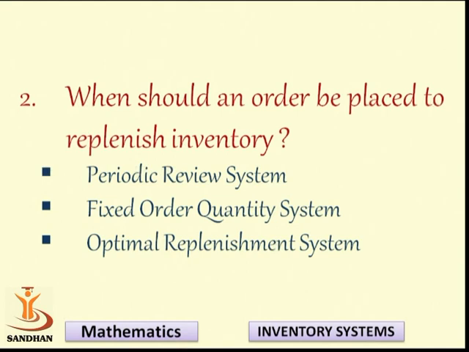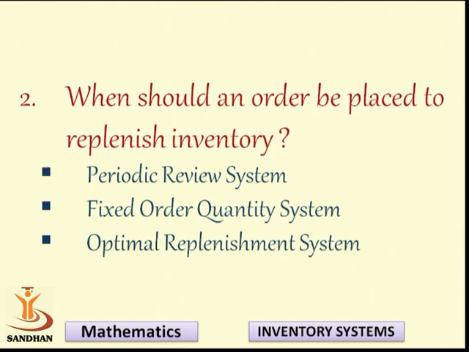And the order quantity varies depending upon the inventory that is available with us and at the time the order is placed. So depending upon the inventory that is available to us at the point of time when we are placing the order, the order size or the order quantity is dependent on the periodic review system.